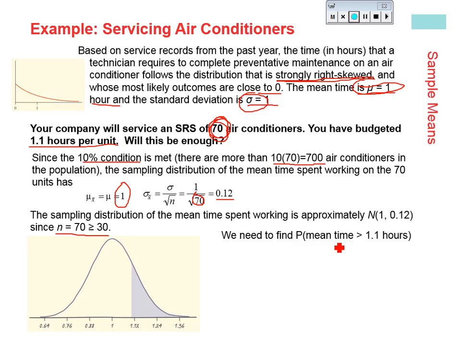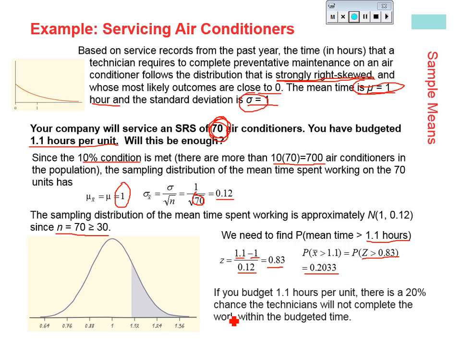We need to find the z-score for 1.1 hours. When I do that, I get a z-score of 0.83, that's 1.1 minus 1 divided by 0.12. Then I do the normal CDF from 0.83 to E99, and when I do that, I get a probability of 0.2033.